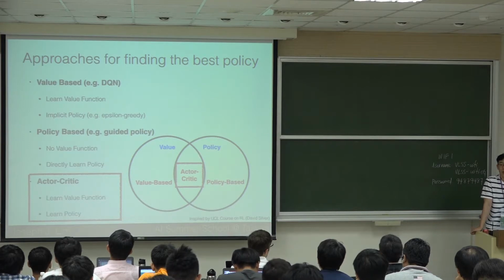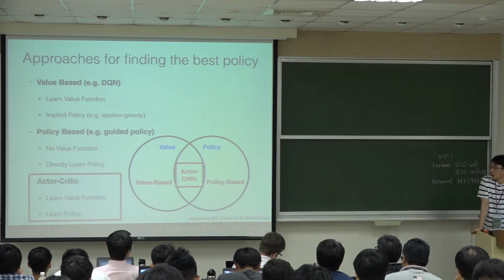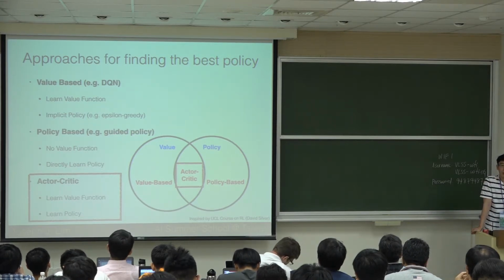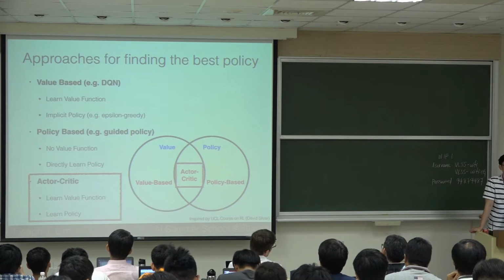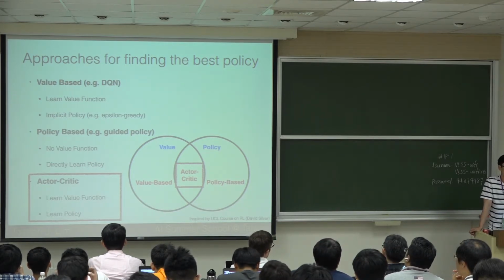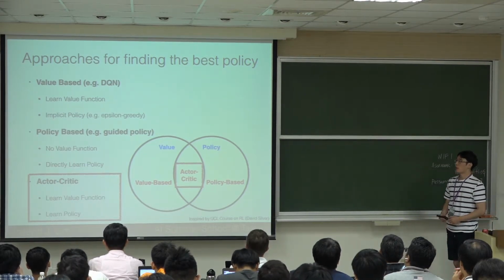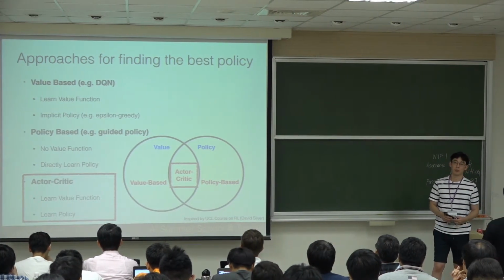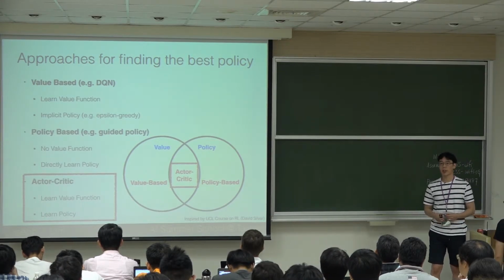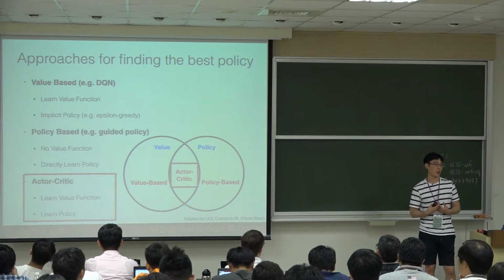When you take an action, you cannot really sample, like in the rock, scissors, paper example. In the policy-based approach, rather than estimating the value, you directly compute the probability of which action is going to lead to the best outcome. And lastly, the actor-critic model tries to combine ideas from both approaches.